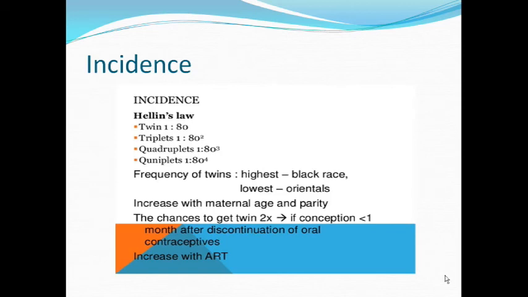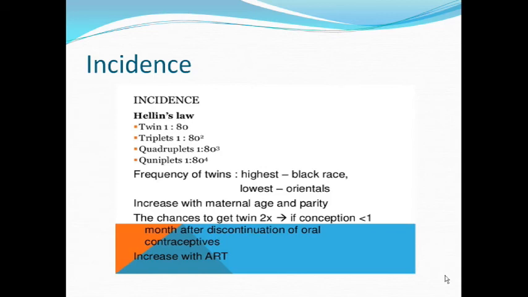It is lowest in Orientals, and increases with maternal age and parity. The chance of twins is 2 times if conception occurs less than 1 month after discontinuation of oral contraceptive. So after oral contraceptives, the chance of twins is increased.